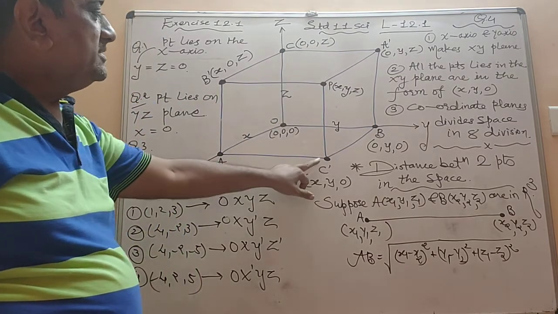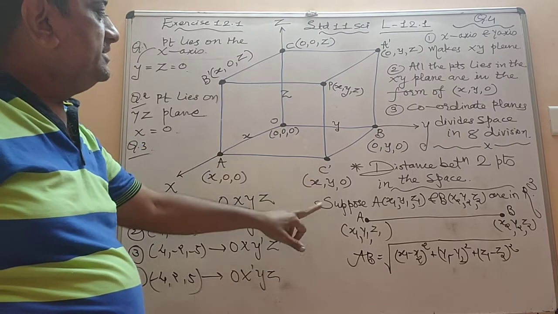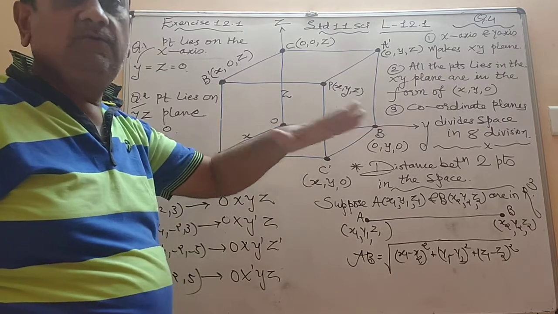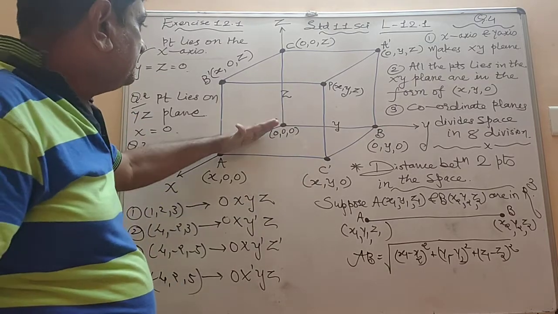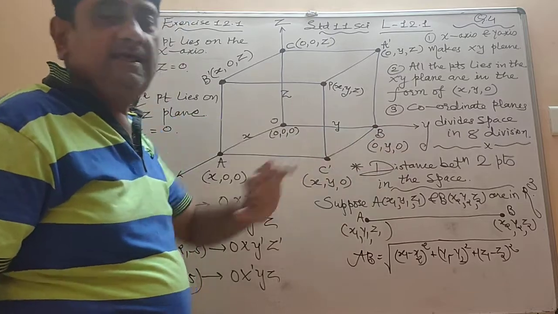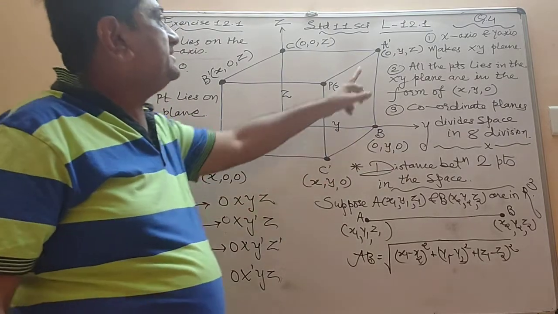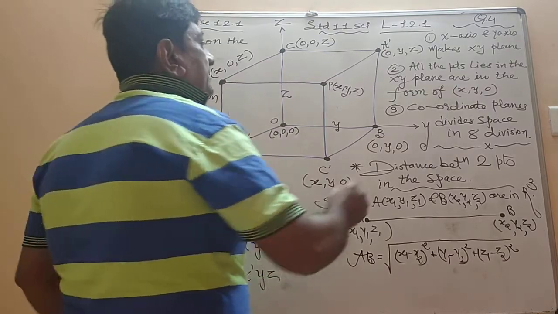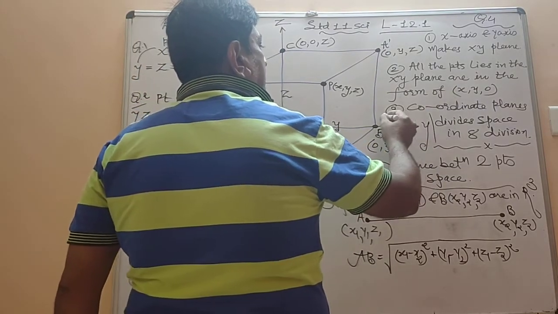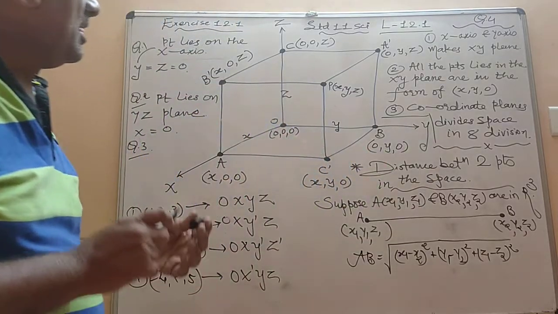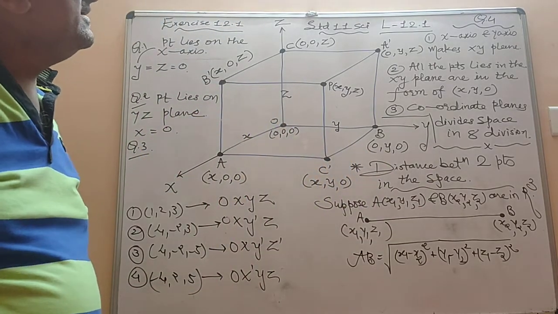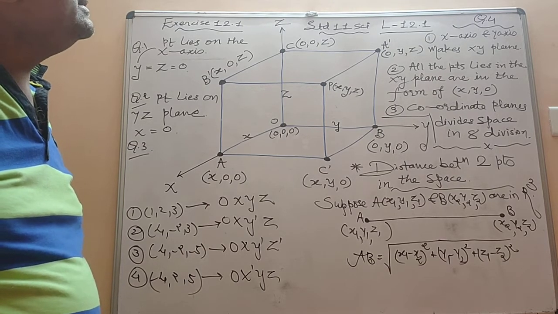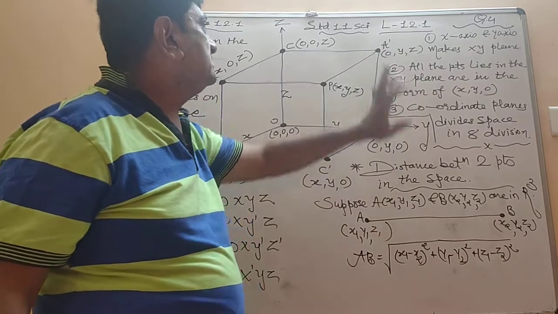Now what about this point C dash? This point is x comma y comma 0 because C dash lies in the floor, the xy plane. The x axis and y axis together are called the xy plane. A dash lies in the yz plane, so its y component is y, z component is z, but its x component is 0.